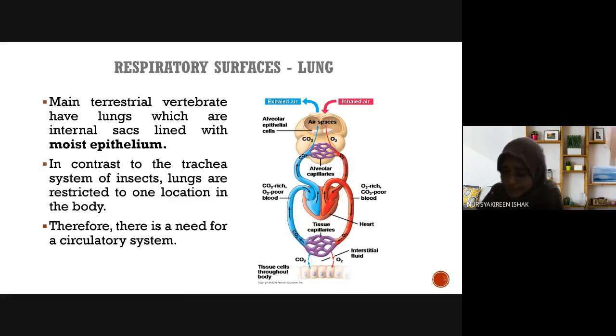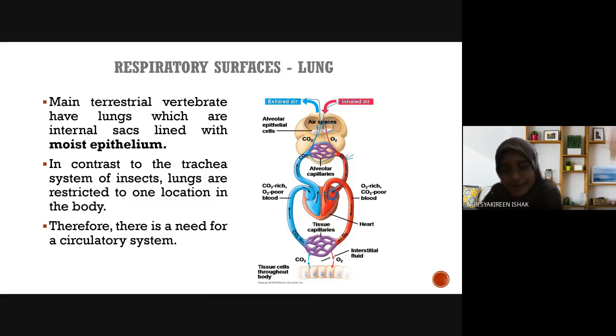From oxygen poor blood, gas exchange occurs, and carbon dioxide will be exhaled out. When you inhale, it brings oxygen into the air spaces within the alveolus. Oxygen from the air spaces will enter into the blood, and the blood will become oxygen-rich blood and go back into the atrium here.